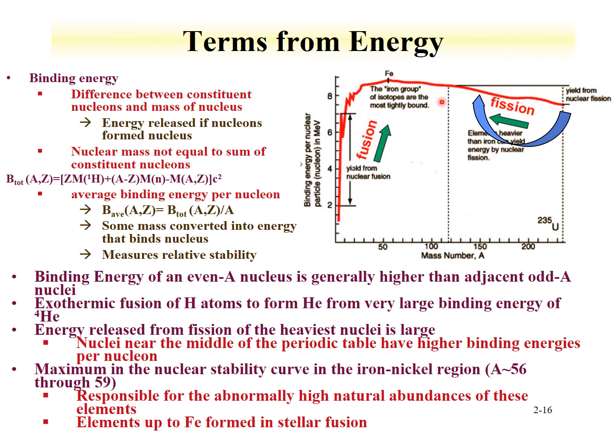This stability is actually responsible for the observed abnormally high abundances of the iron groups and the elements right around iron. And elements up to iron can be formed in stellar fusion. So you get stars gaining energy by fusing these elements together. And we will talk about the stellar processes for making elements later in this course.